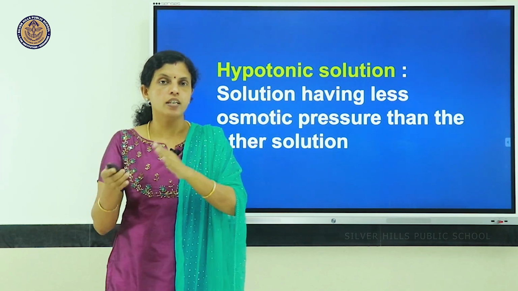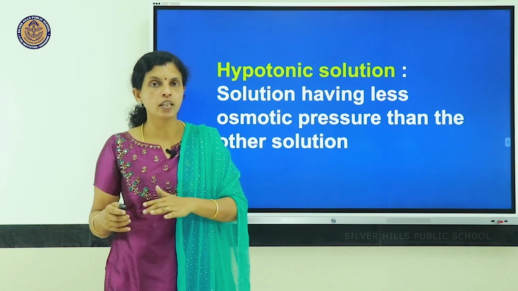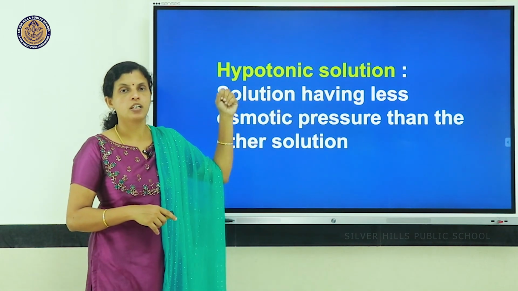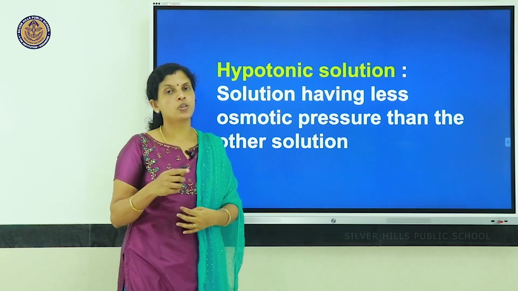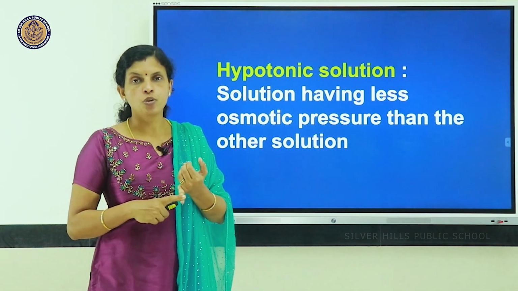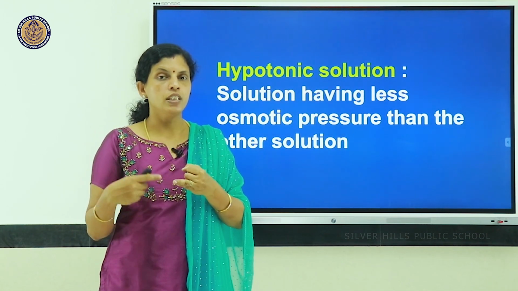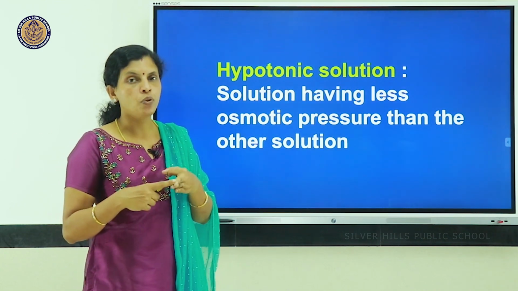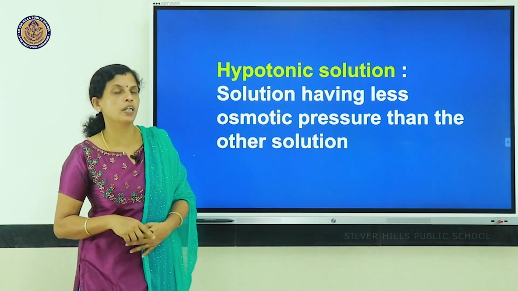Because the osmotic pressure of B is less than that of A. So there are three types of solutions based on osmotic pressure. Isotonic, same osmotic pressure. Hypertonic, if it has more osmotic pressure compared to a standard solution. Hypotonic, if the osmotic pressure of the solution is less than compared to any other solution.